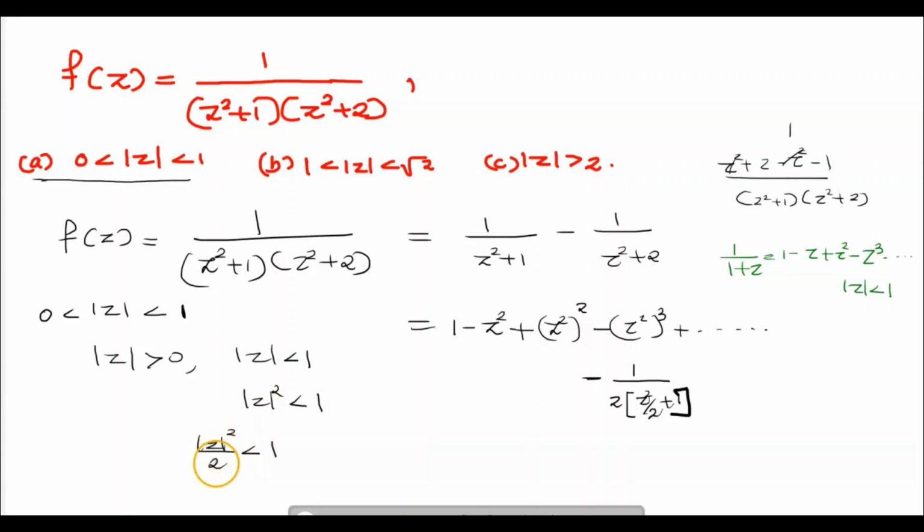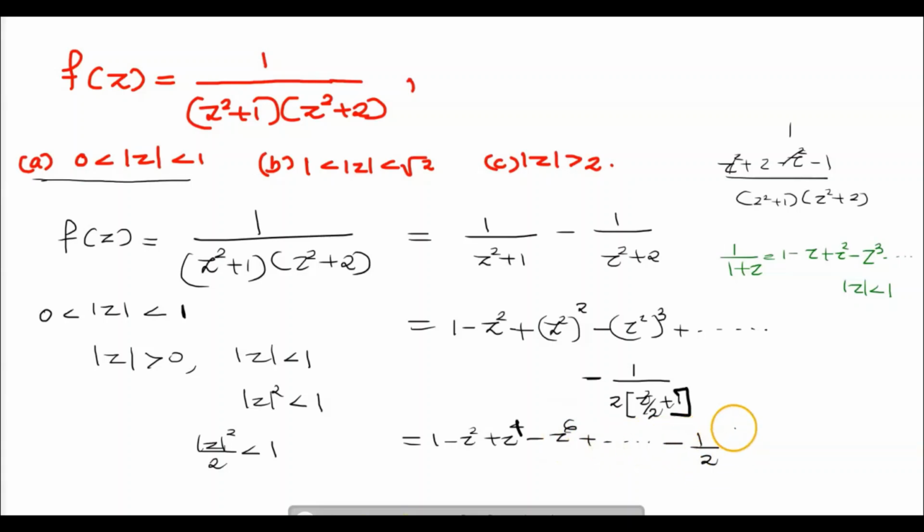This is half of this, which is less than 1 by 2 and less than 1. So we can use the same expansion of geometric series since mod z square by 2 is also less than 1. So this is 1 minus z square plus z raised to 4 minus z raised to 6 plus etc.